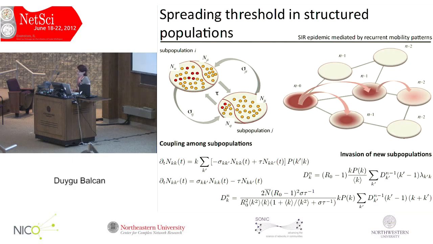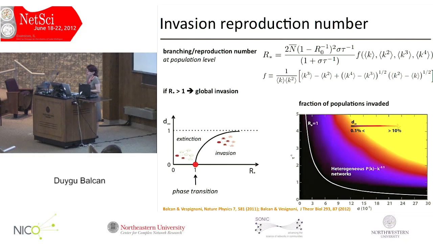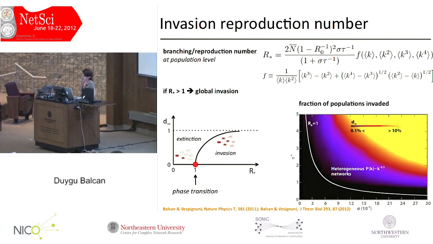After a certain set of assumptions and some algebra, you can obtain a closed form for this set of dynamical equations. And the eigenvalue of the dynamical equations will determine whether the epidemic would grow or not, which is characterized by R star.